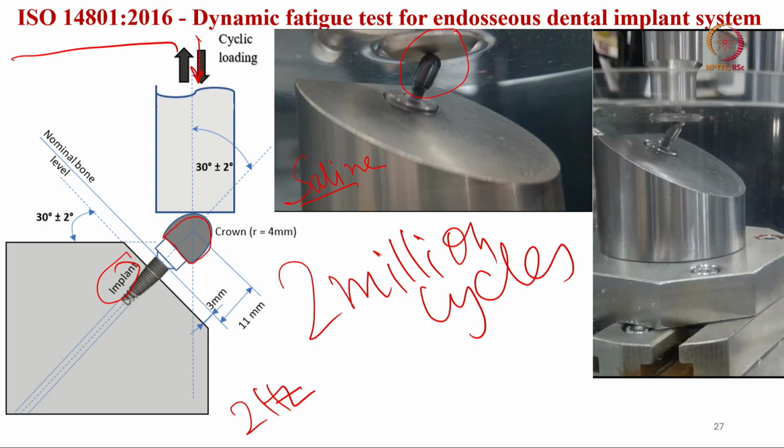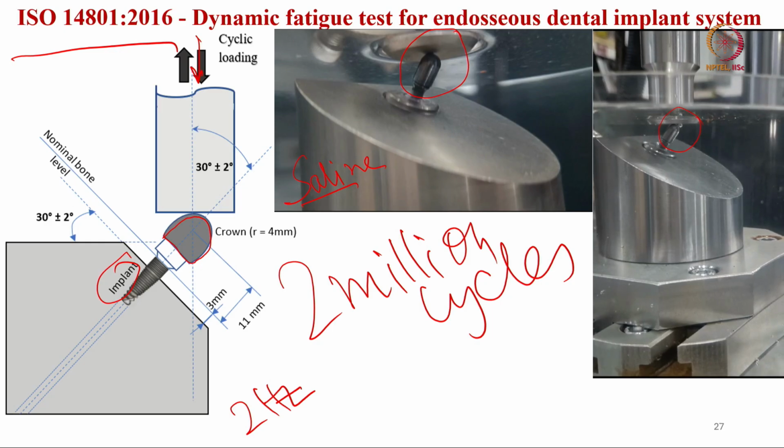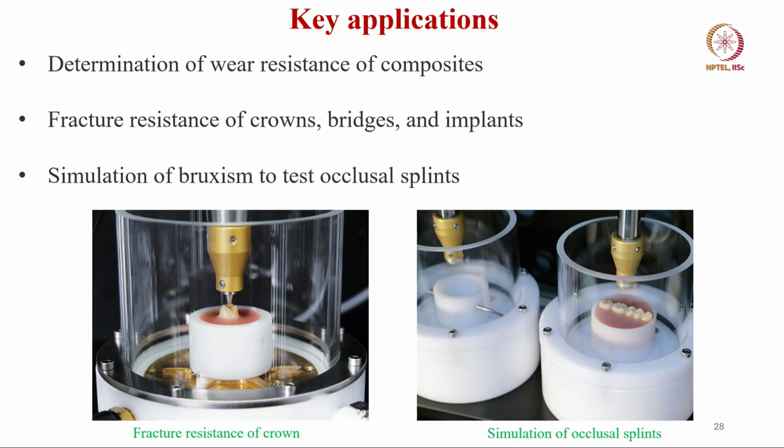This is the actual movie. Because of the very low frequency, you are not able to see this movement very clearly, but it is an extremely slow frequency testing the dental implant.